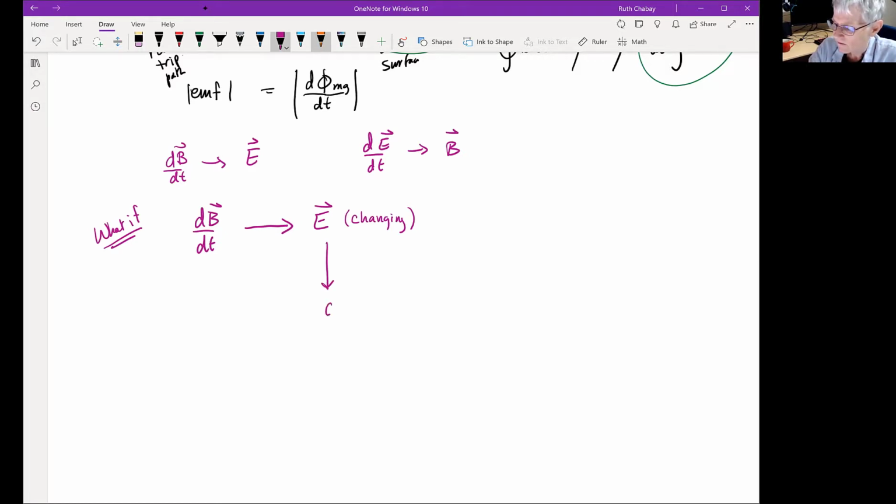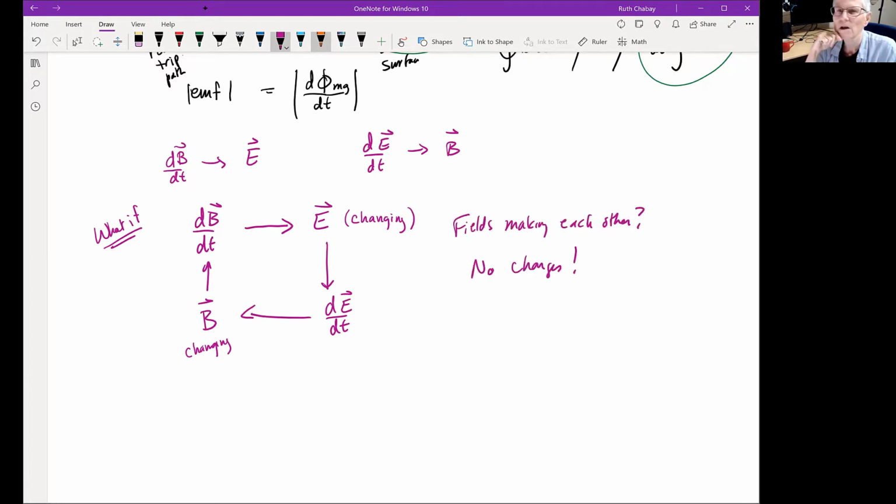Well, then we'd have a time-varying electric field, and that would make a magnetic field. But if this magnetic field is also changing, then we really have fields making each other. So that's interesting. And how would you get this started? We'll see that next time.